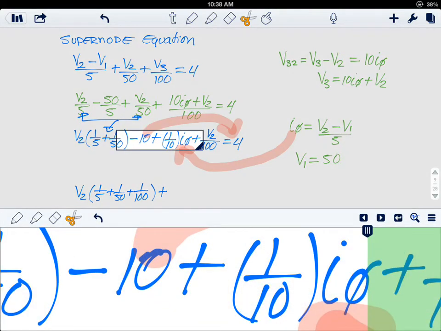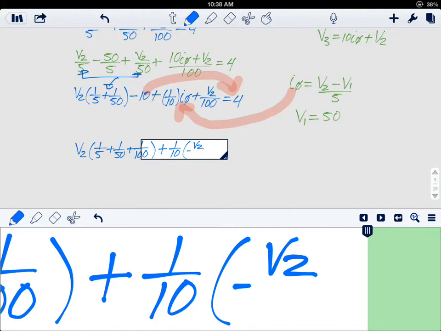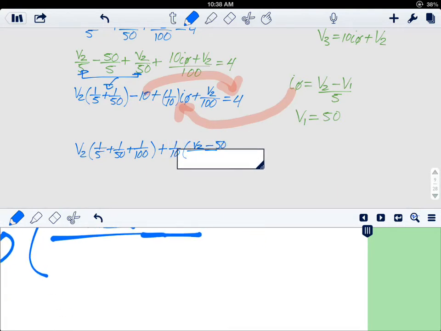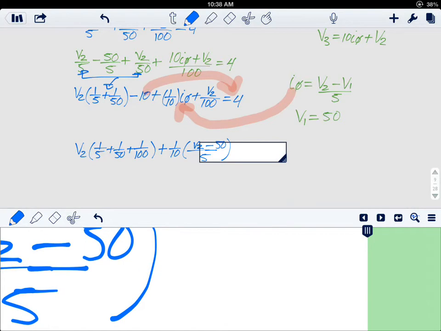Now I'm going a little fast, but this is simple algebra that I know you can handle. 1/10 of voltage 2 minus voltage 1, which we know is 50, over 5 equals 4 plus 10.